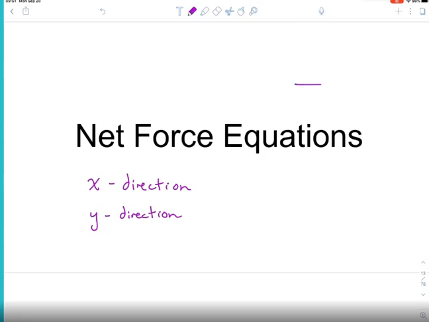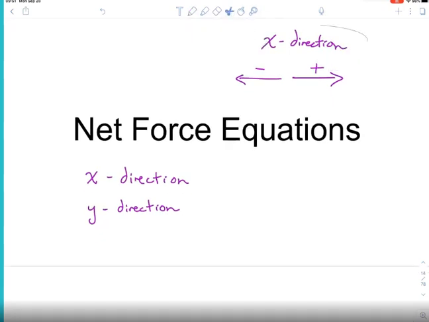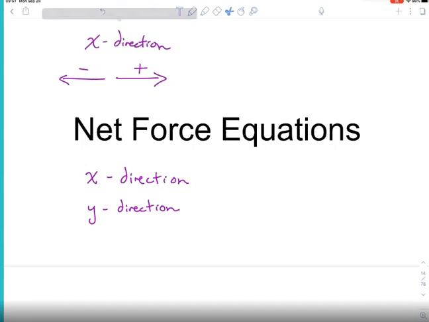And I like using to the right is positive and to the left is negative, just like in math class. And that's for the x direction. And then for the y direction, I like making it so up is positive and down is negative.